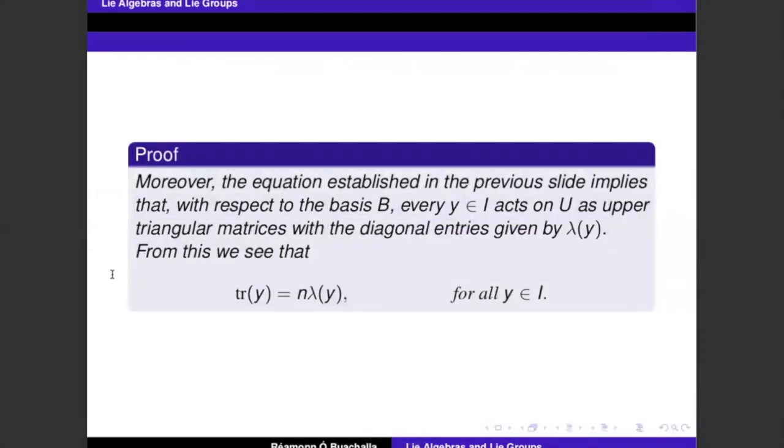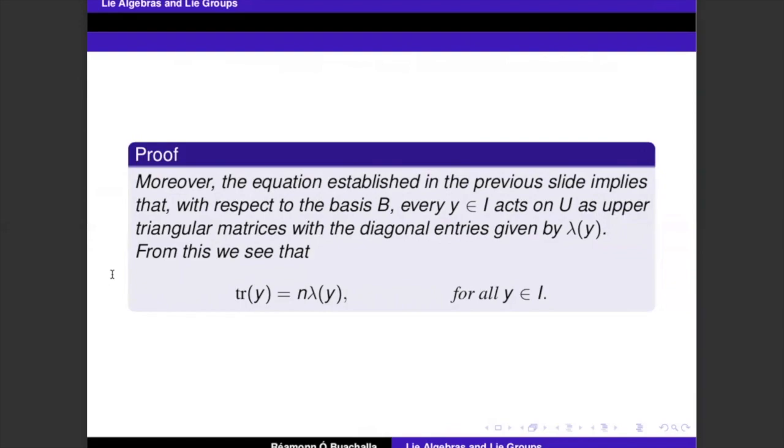Now, taking these two pieces of information, the identity that we established by induction and our new vector space U together with its basis, we see that Y in our ideal is going to act as an upper triangular matrix.